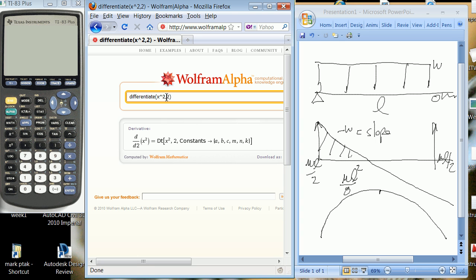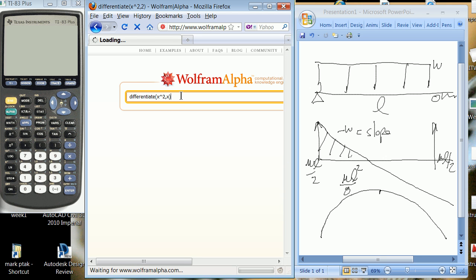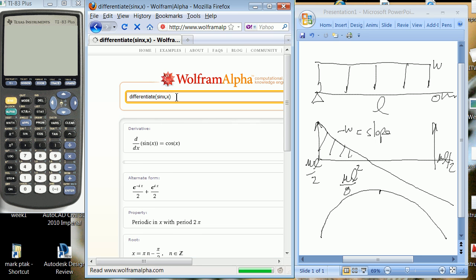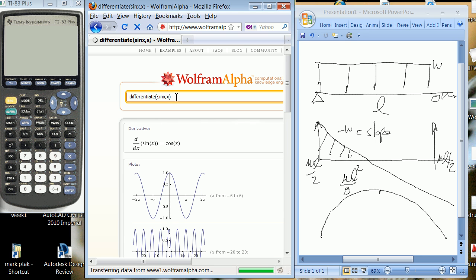Oh, because I said 2. Interesting. It's giving you more functionality in here. Differentiate x squared with respect to x. And it's 2x. Or how about this now? Differentiate the sine of x with respect to x. And it gives you the differentiation.